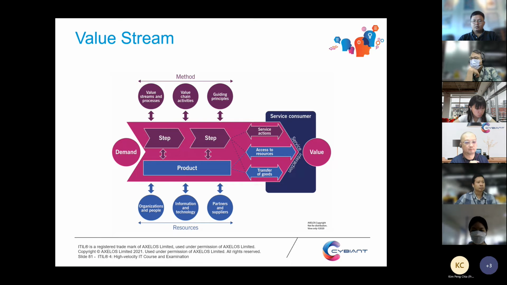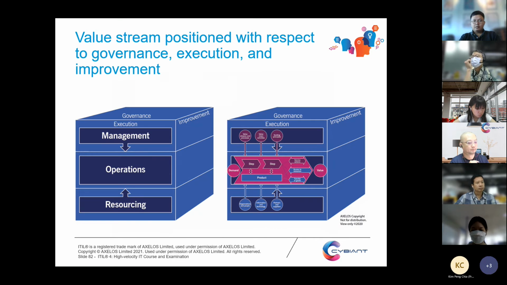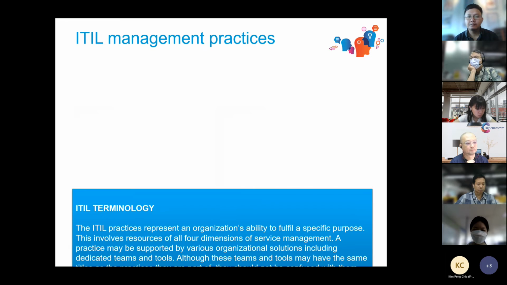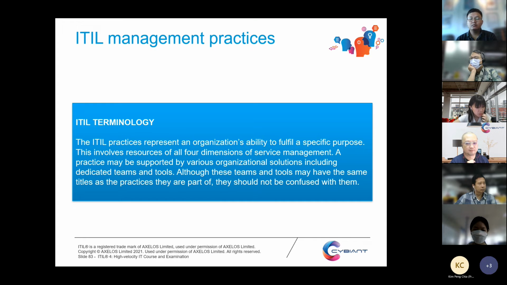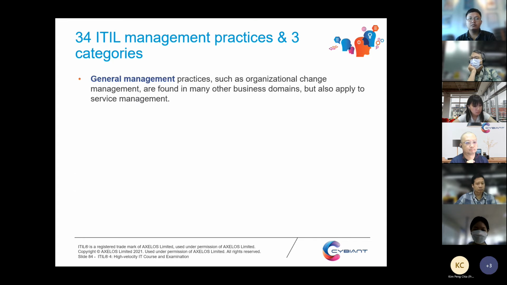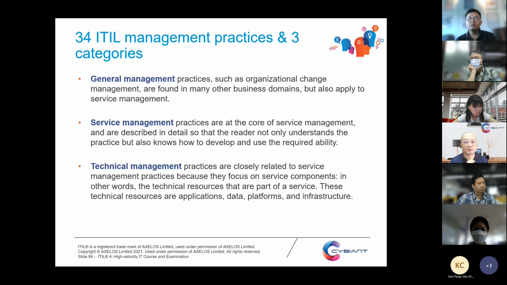Talking about the value stream and how that fits. You have management, you have resources, and you have operation guiding the two in the middle. Definition slide, which explains the table of the 34 practices.